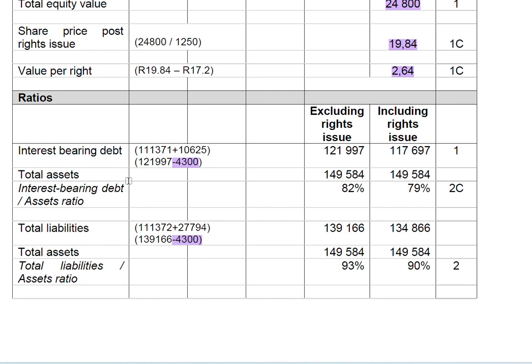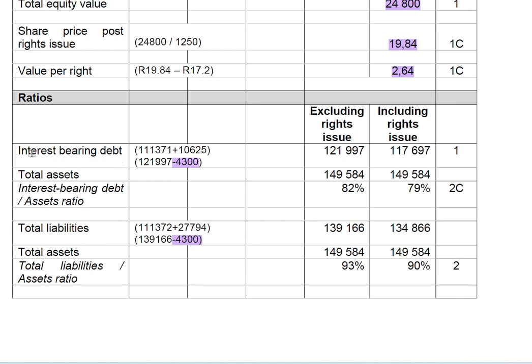So why are we calculating this? Because we want to see, if we have a right issue, which means we're getting 4.3, or if we don't have a right issue, what is the ratio that we have?